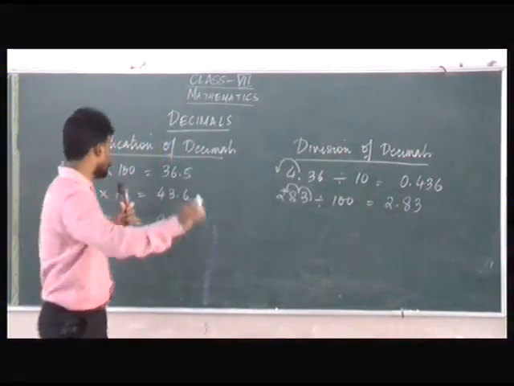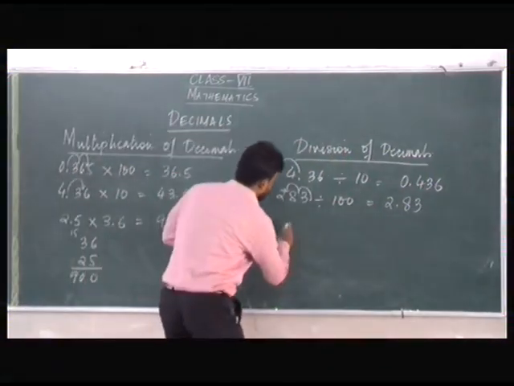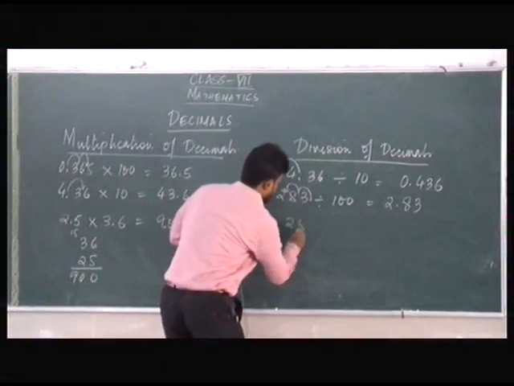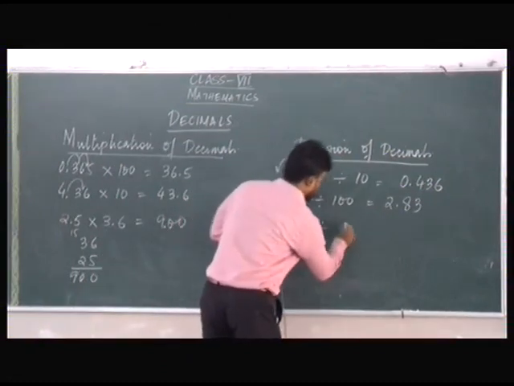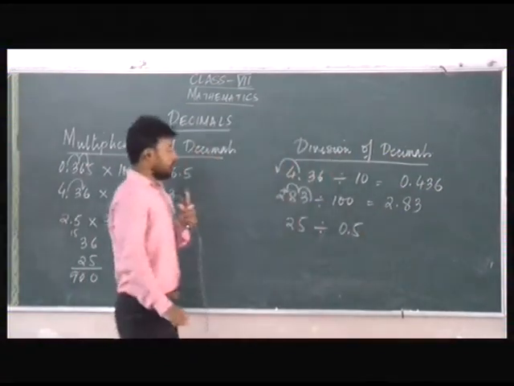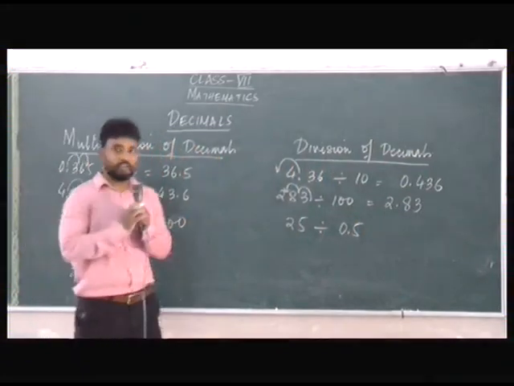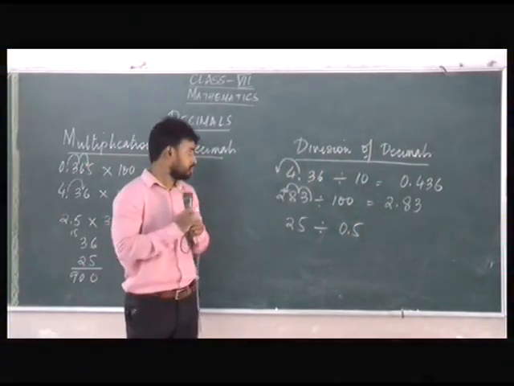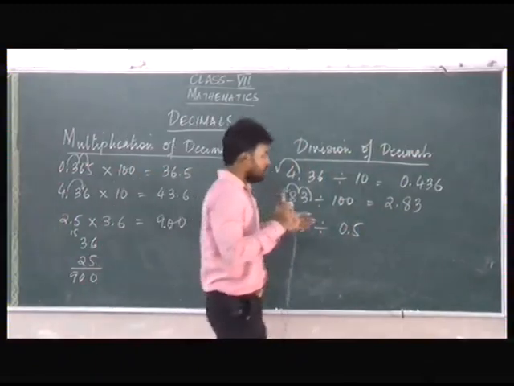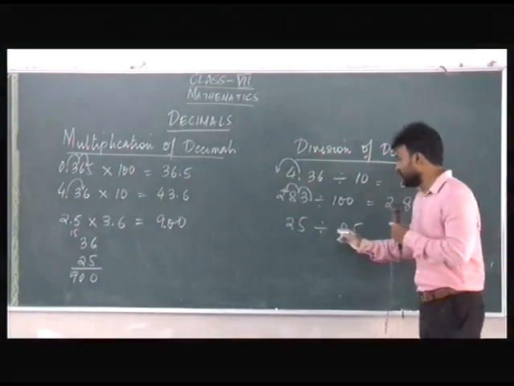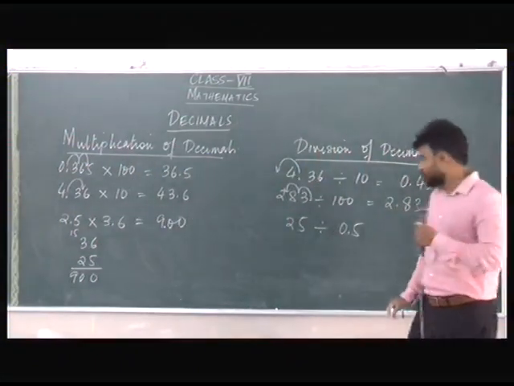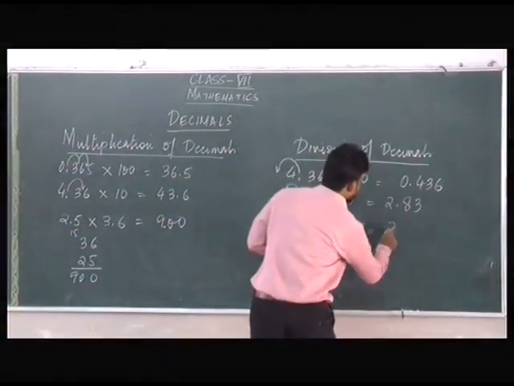Now let's come to division. We have 25 divided by 0.5. It's difficult to divide 25 by 0.5, so we can write this number also this way.